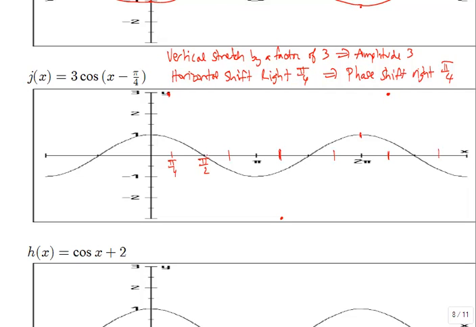Normally I have a 0 at pi over 2, but that's going to get shifted to the right, pi over 4. Normally I have a 0 right here at this dot, and that's going to get shifted right, pi over 4. So I've got 1, 2, 3, 4, 5 dots that I know I need to go through, and we're just going to connect them with this U shape. And there's my cosine graph. And then you could continue the pattern from there.